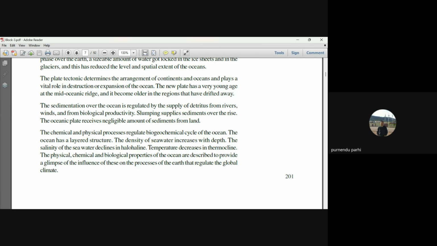The ocean has a layered structure. The density of seawater increases with depth. The salinity of the seawater declines in the halocline. Temperature decreases in the thermocline. The physical, chemical, and biological properties of the ocean are described to provide a glimpse of their influence on the processes of Earth that regulate the global climate.